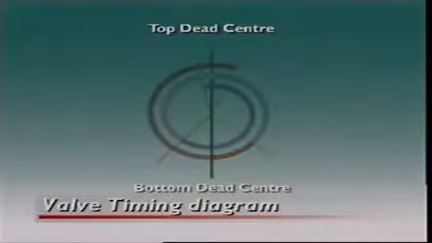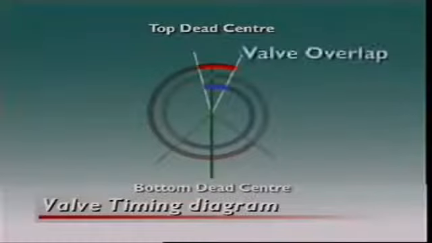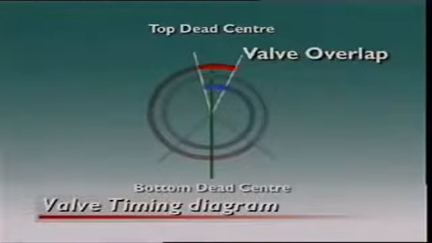When an intake valve closes after bottom dead center and the exhaust valve closes after top dead center, it is called lag. On the exhaust stroke, the intake and exhaust valve are open at the same time for a few degrees around top dead center. This is called valve overlap. On this engine, it is 33 degrees.